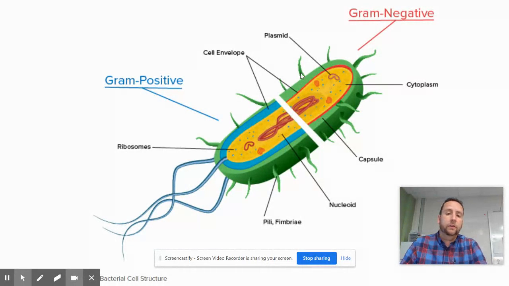Also, you'll see a couple other key points. The arrow should be pointing here for the nucleoid. That's essentially their DNA, the main DNA for the bacteria. Plasmids are little circular pieces of DNA we'll talk a lot about coming up. A bacteria can engulf these little pieces of DNA, and sometimes they use it.